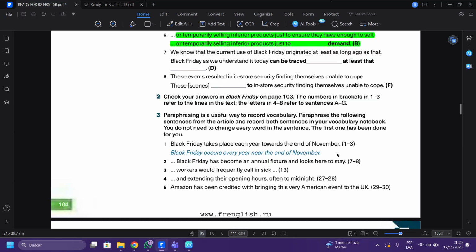Black Friday occurs and has become an annual fixture and looks here to stay. Yes, it could be right, but we have to change it a little bit more.